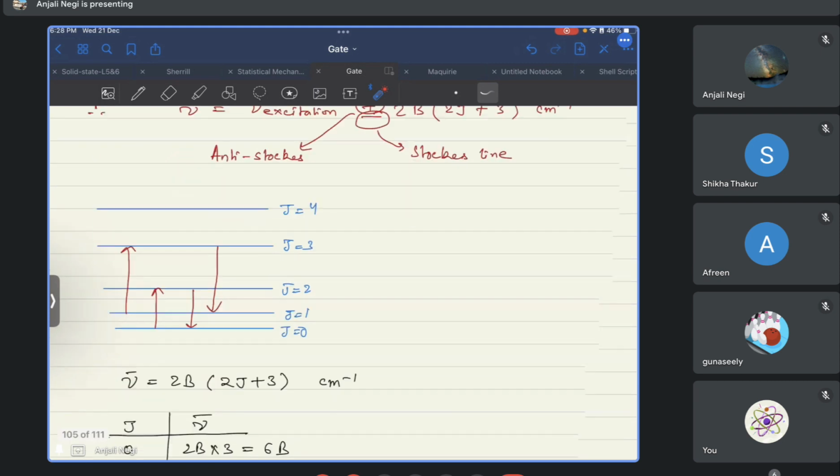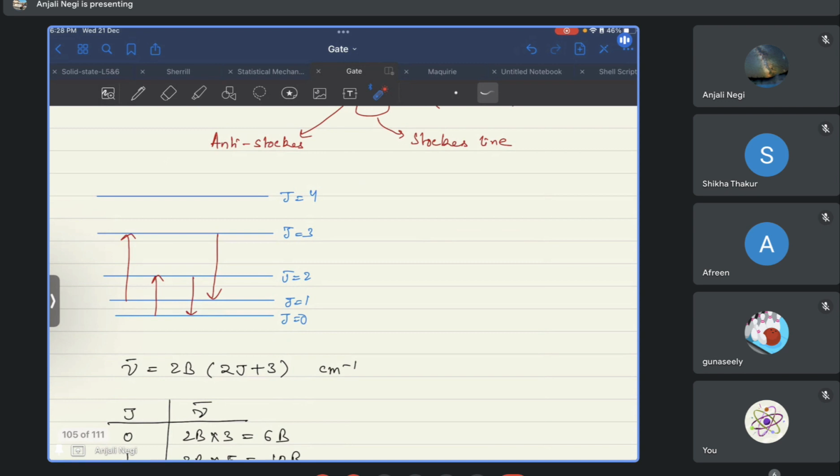Basically, if you draw these rotational energy levels, J equal to 0, 1, 2, 3, 4, and we are doing rotational Raman spectra here, the selection rule is delta J equal to plus minus 2. So from J equal to 0, the excitation will go up to J equal to 2.